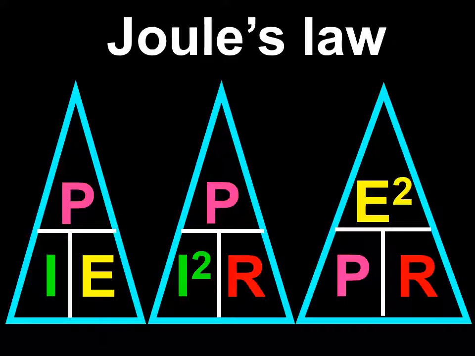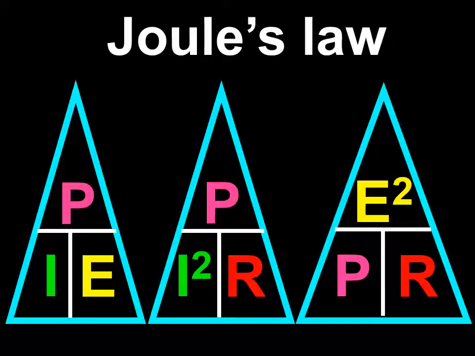In this case, because of the available factors, it is most appropriate to use the last of the triangles. The last of the triangles states that power is equal to volts to the second power divided by resistance.